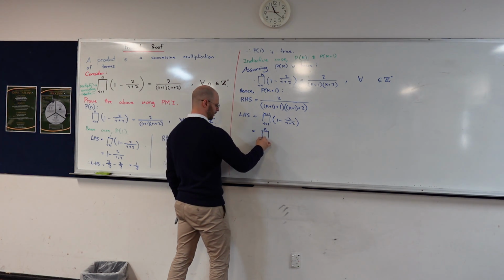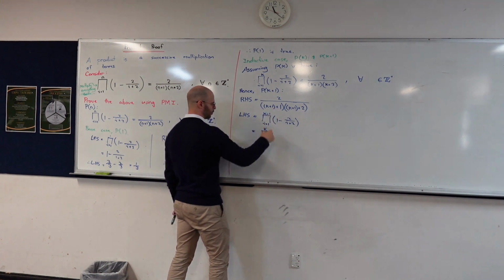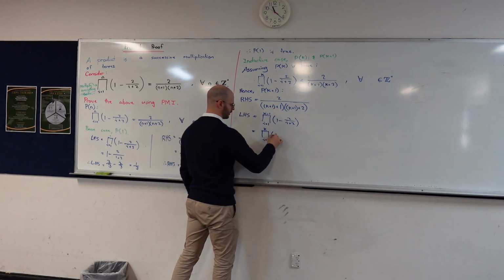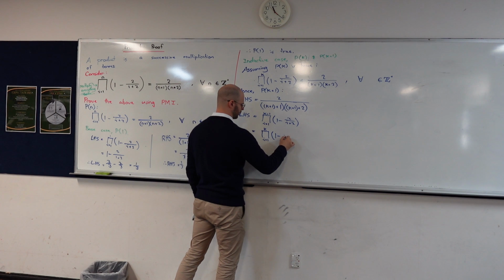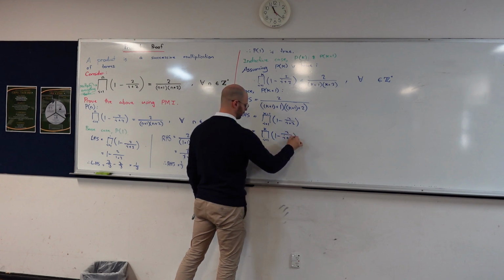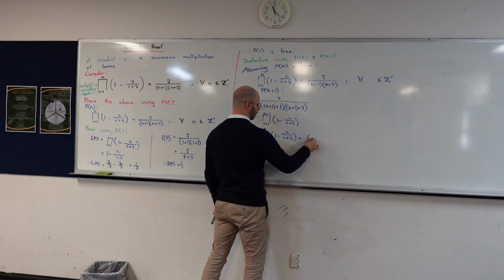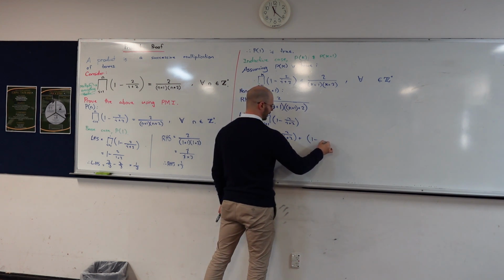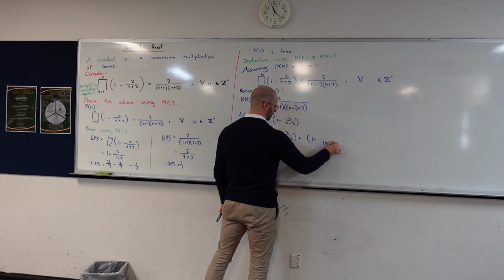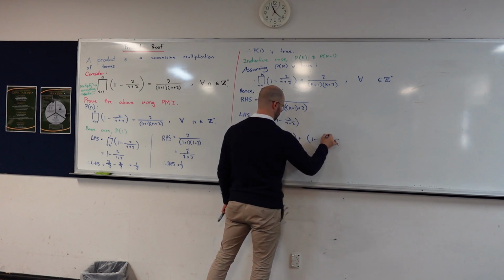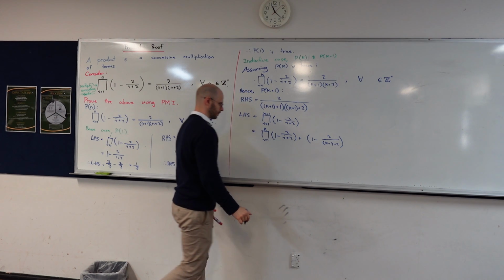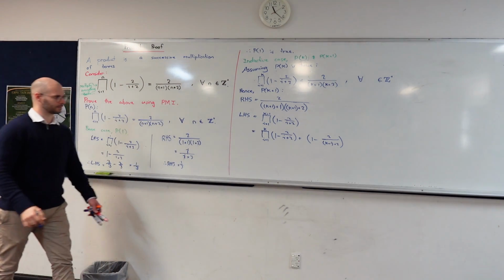Yep. So we kick out the k plus 1th term in the sequence. So that's going to be 1 take, and then for every i it's k plus 1, plus 2, like so. That cool?